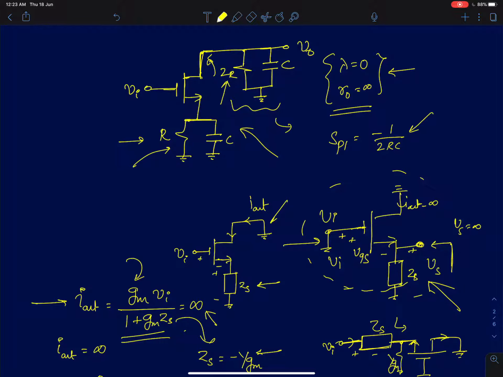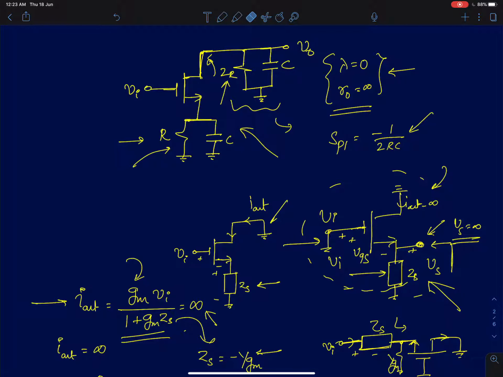So the value of Z out, the impedance seen at the source terminal, completely blowing up to infinity will be the value where VS will be infinity. And if you satisfy that condition and if ZS happens to be finite there, then I out is going to be infinity.